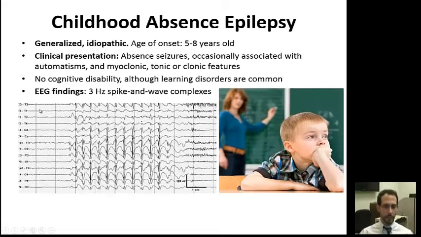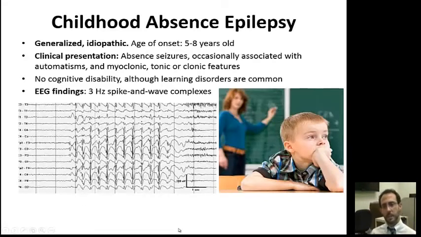An example here: between each line is 1 second. This is a 10-second page, if we include this bar as well. You should be able to count 3 spikes and waves within 1 second. So that's the typical description of the EEG.